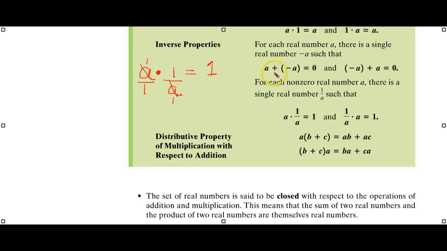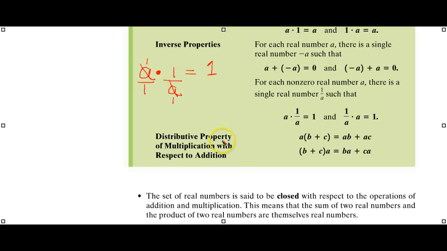This one is the addition inverse property. Adding 0 stays the same. Here, the multiplicative inverse, what can we multiply something by so that it ends up being 1? And the answer is its reciprocal, that is, flip it over, or its multiplicative inverse.